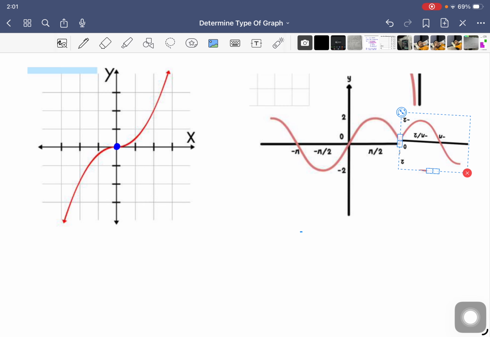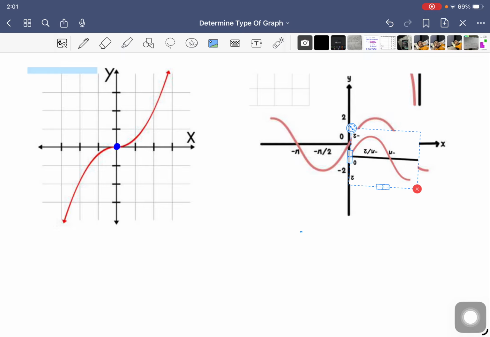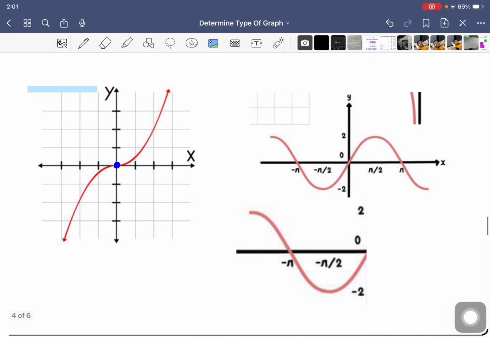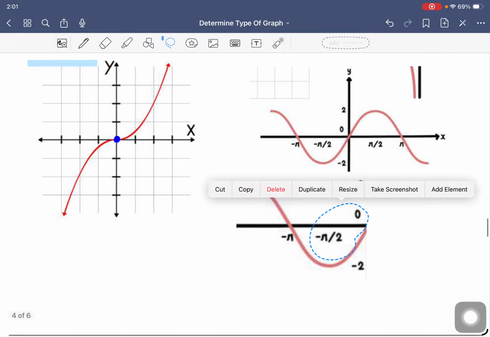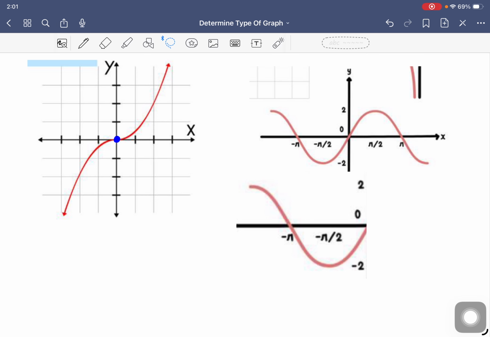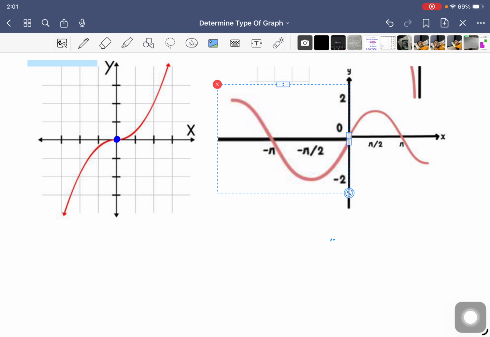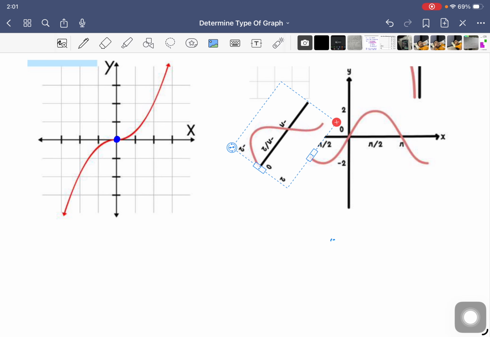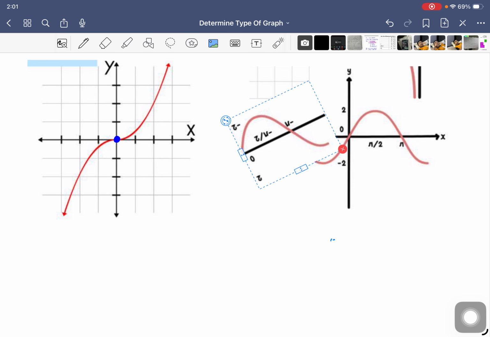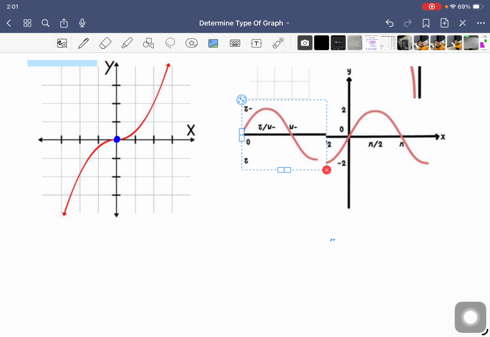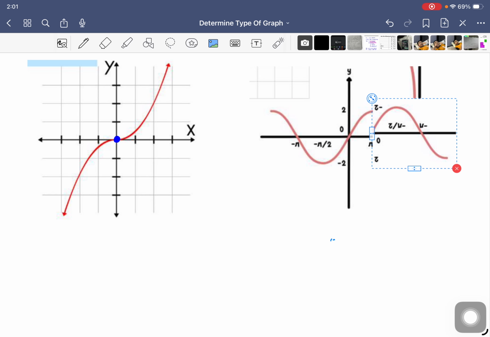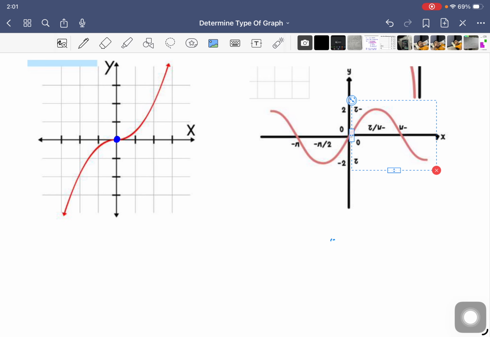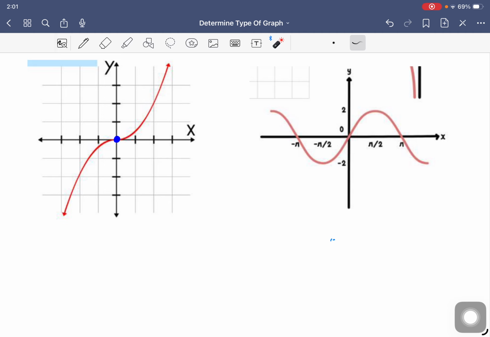It will become like this. The original left hand side is this graph. When we make it symmetric about the origin, it will become the opposite side. The bottom side will become the upper side on the right hand side. That is how we refer to symmetric about the origin.